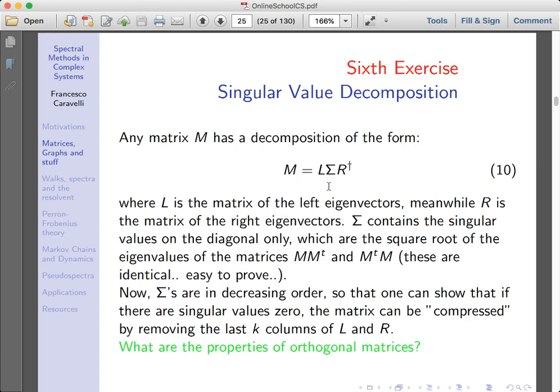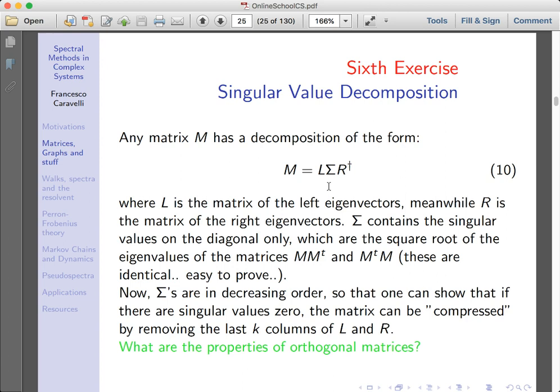It's good to know though, that even if you cannot diagonalize M, you can always diagonalize the product of M and M transpose, and the product of M transpose M, because these are symmetric matrices. Okay, this is easy to prove.